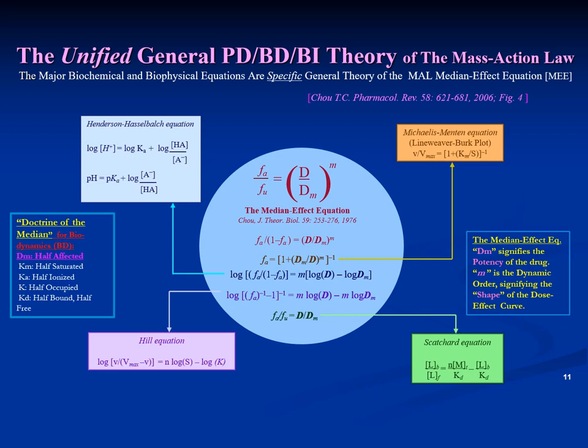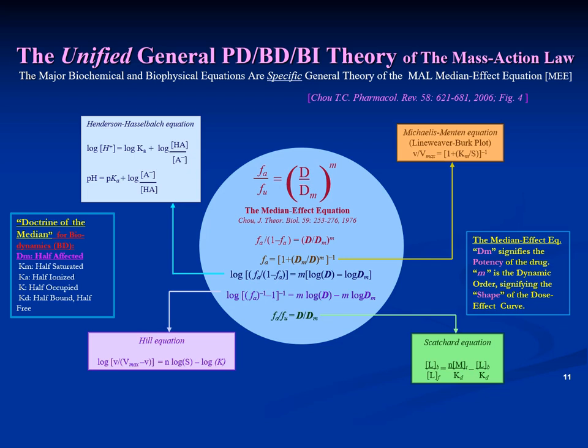In other words, the ratio of fraction affected versus the fraction unaffected is equal to the ratio of dose versus median effect dose to the mth power.